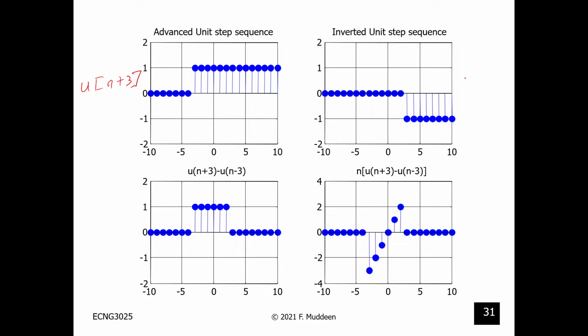So this here would have been u of n minus 3. And because the signal is inverted, this is going to be minus u of n minus 3.